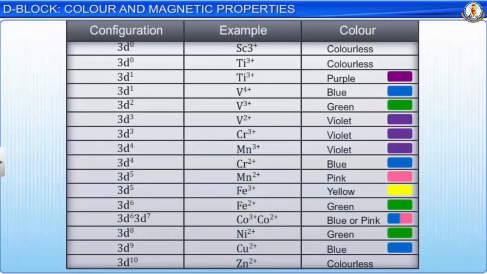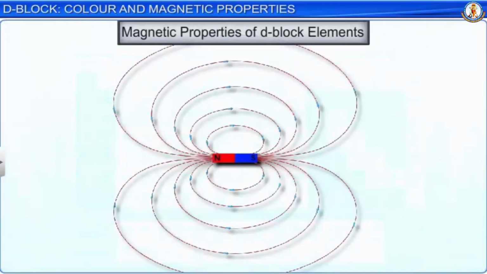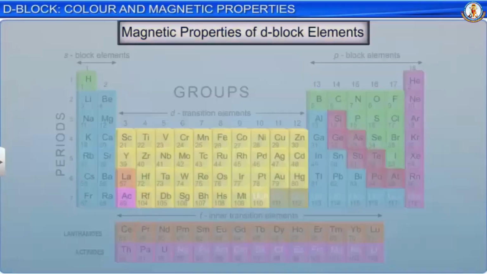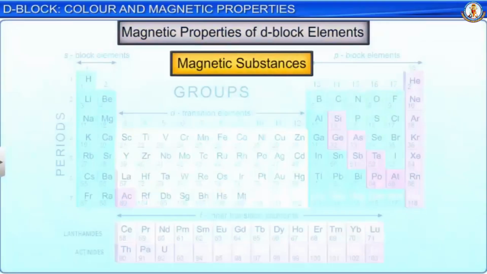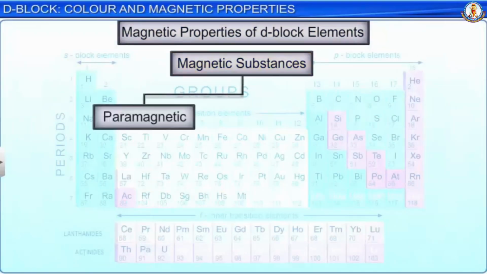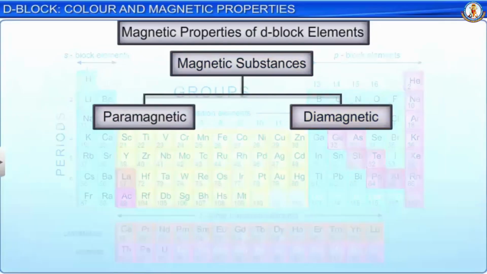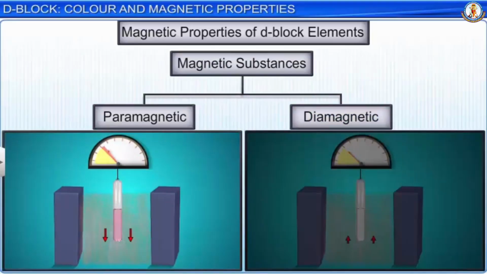Now, let us look at the magnetic properties of the d-block. Substances, depending on their behavior in an external magnetic field, are classified into paramagnetic and diamagnetic. Substances that are weakly attracted to a magnetic field are called paramagnetic substances, while substances that are repelled are called diamagnetic.